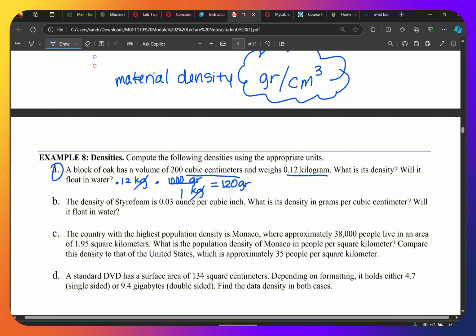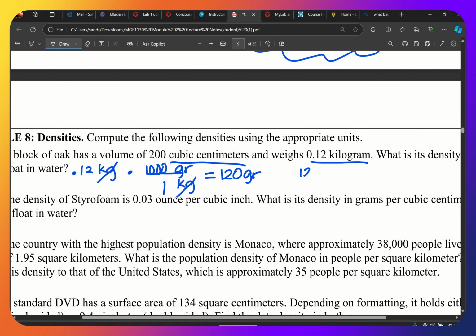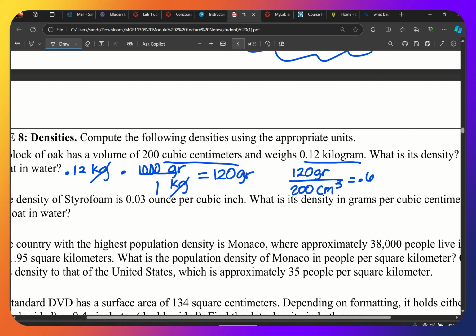Density is grams per cubic centimeters. As a division problem, grams go on top. So I have 120 grams over 200 cubic centimeters. And then divide it, 120 divided by 200. So this is 0.6. Yeah, 0.6 grams per cubic centimeter.